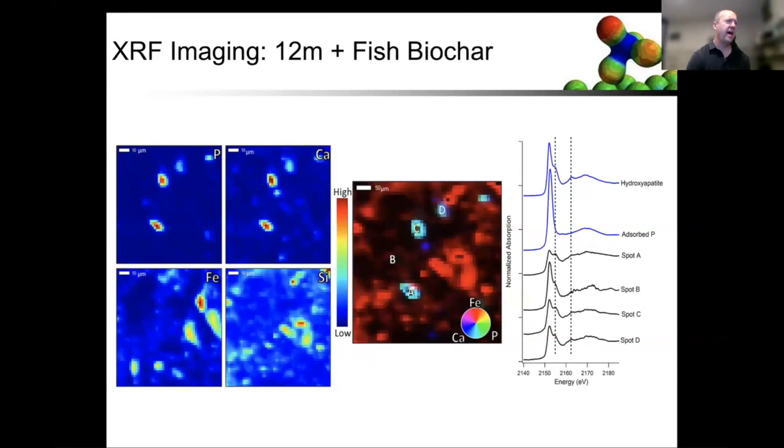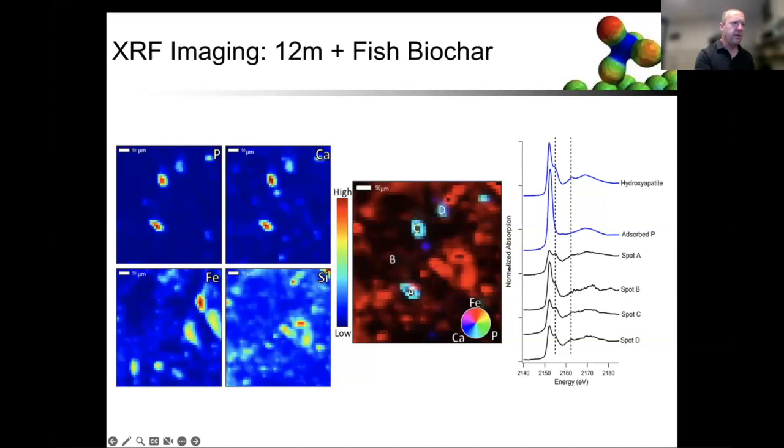In contrast with that, if you have materials that aren't very soluble, then as you go through the samples, you see a very strong co-location of the calcium and the phosphorus. And in some cases, you could still collect spectra of adsorbed species.